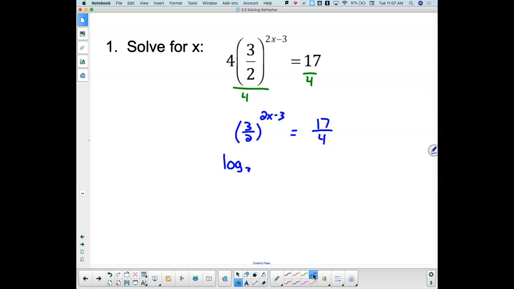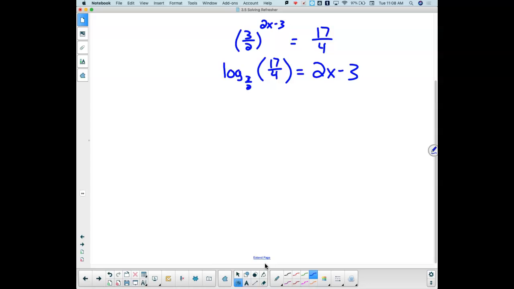Log base 3 halves of 17/4 equals 2x minus 3. Then what? Add 3.